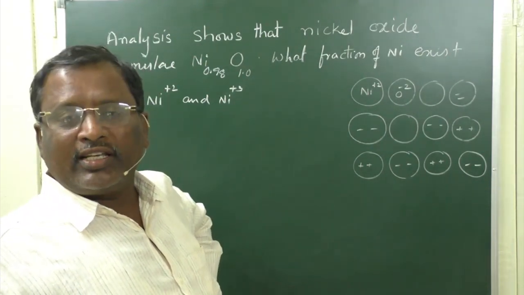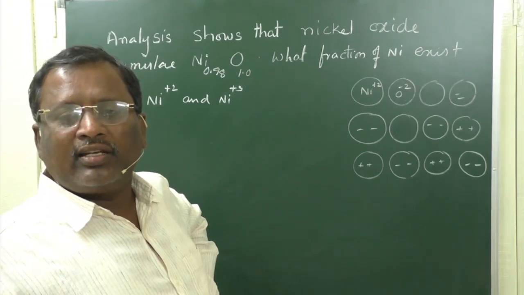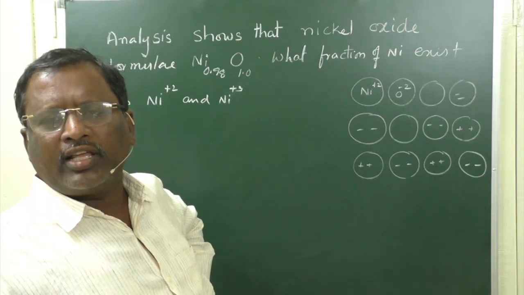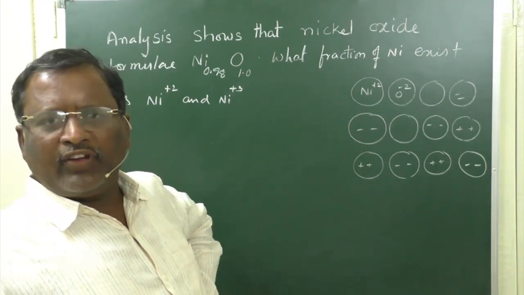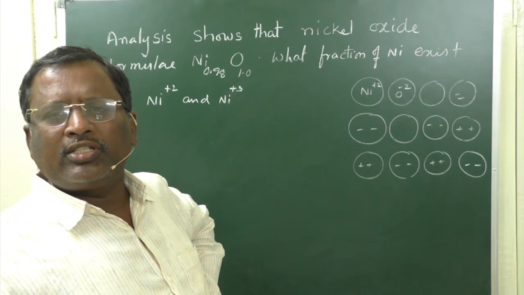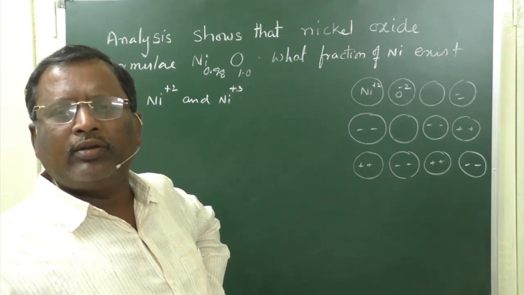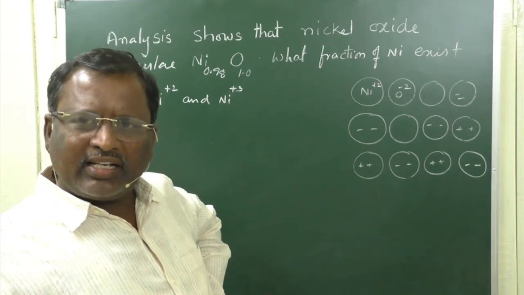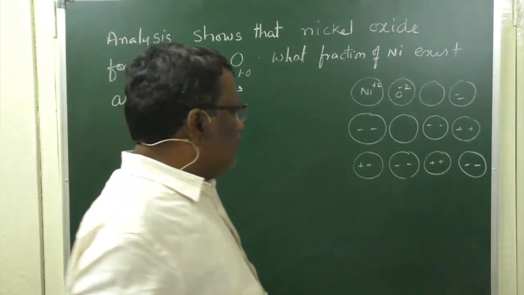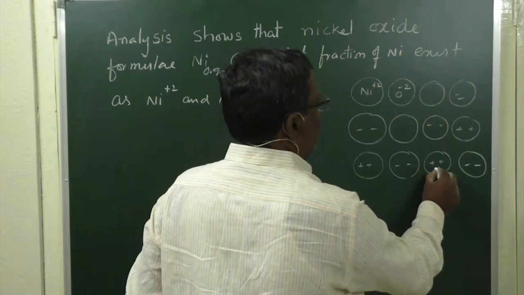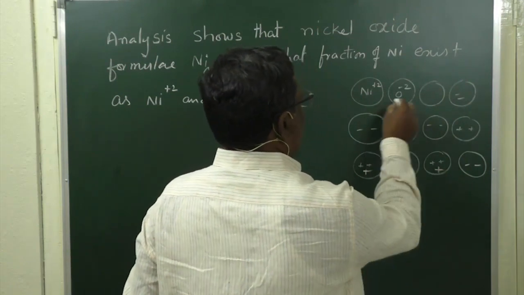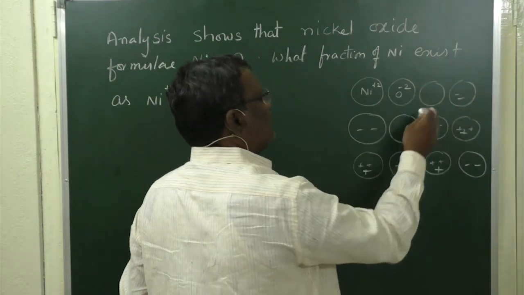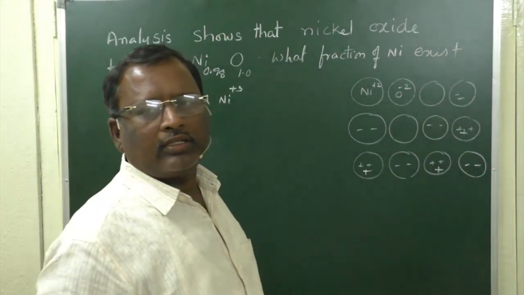For an ionic crystal, it is essential to maintain electrical neutrality. Electrical neutrality means even if the defect is there, the total positive charges must be equal to total negative charges, then only the crystal is stable. To maintain that electrical neutrality, some of the positive ions are converted into tripositive ions because of this defect.